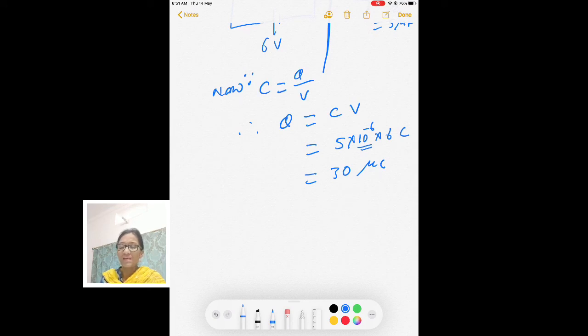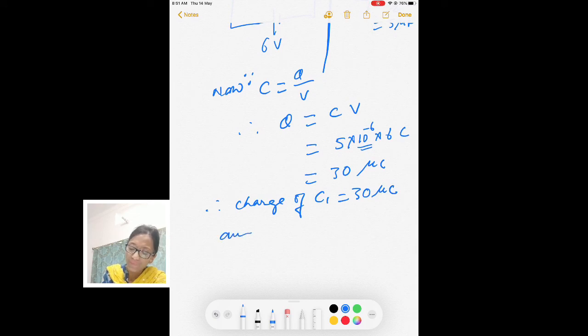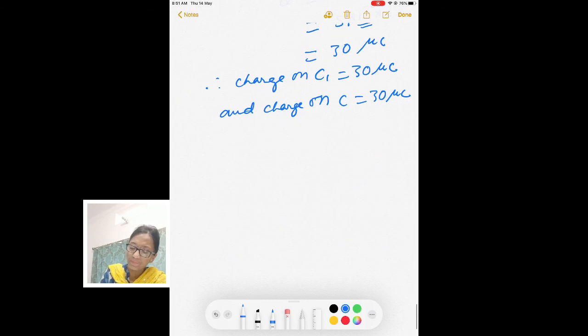Actually the same amount of charge is there on C1 and same amount of charge is there on C. Therefore charge on C1 is equal to 30 microcoulomb and charge on C also is 30 microcoulomb.